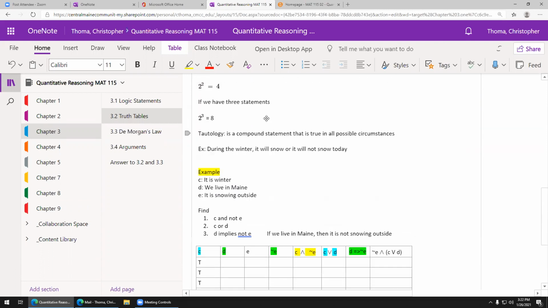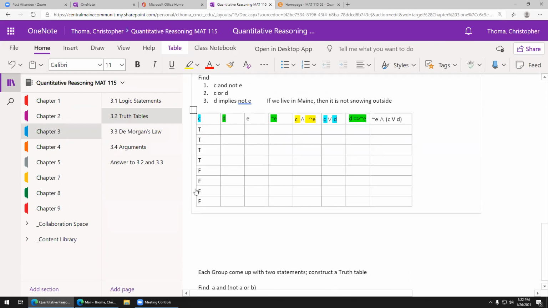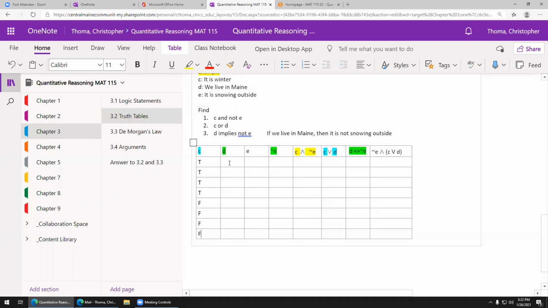Right, and if we scroll back up here for a minute, you can see that's exactly what I did up here. First 2 true, first false, last 2 false. So first column, half are true, half are false. Then for my next one, I double alternate. So I do a true, then a true, then a false, and a false, true, and a true, a false, and a false. Is there more than one way to do this?